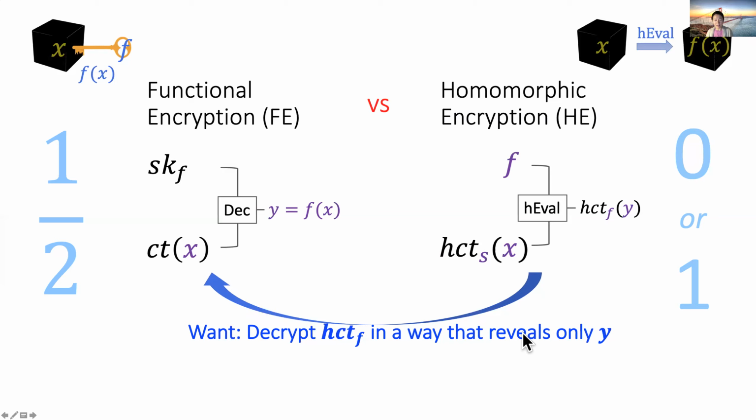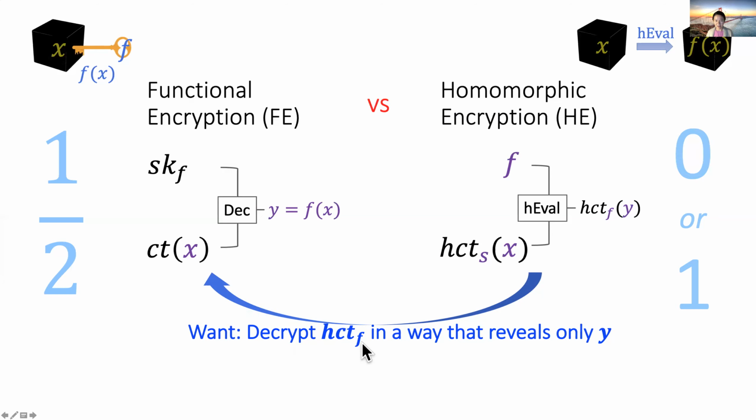If we can do that, if we can decrypt homomorphic encryption ciphertexts in a very precise and secure way, then this effectively gives us FE. But the difficulty is, of course, how can we decrypt in a precise and secure way?